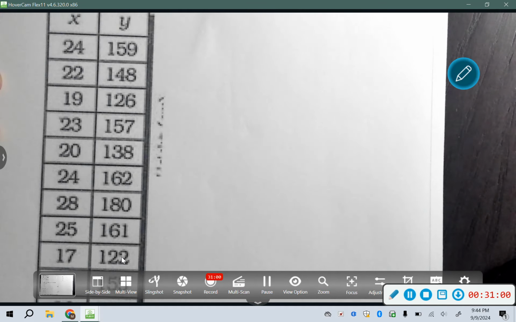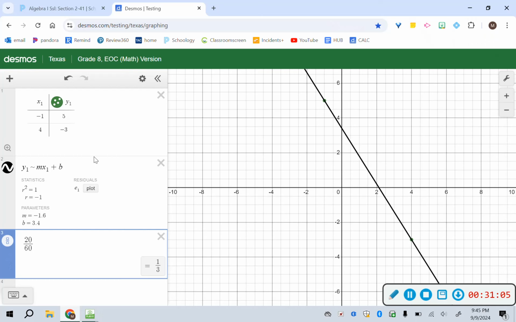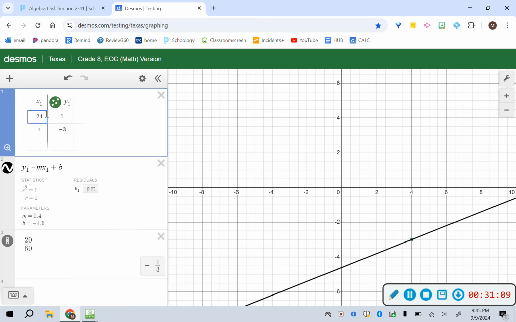Okay, we're going to put these points in our scatter plot, and it answers a bunch of questions, so we can just leave it in there. So I'm going to start putting it in, 24.